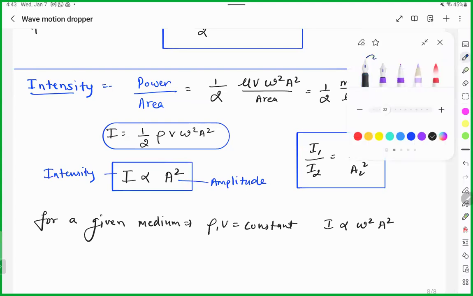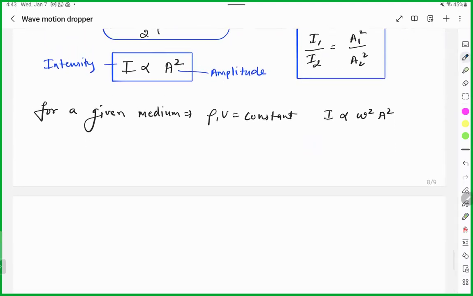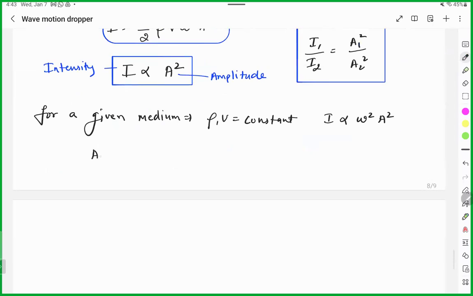Or for the same stuff, if you want to calculate amplitude ratio, it will be under root I1 divided by I2. Correct. All this stuff is given in your wave optics interference.